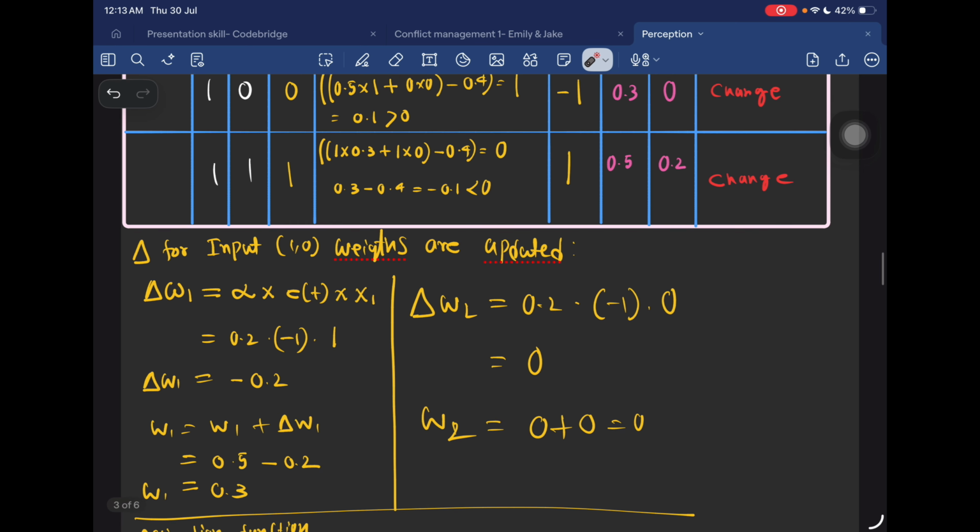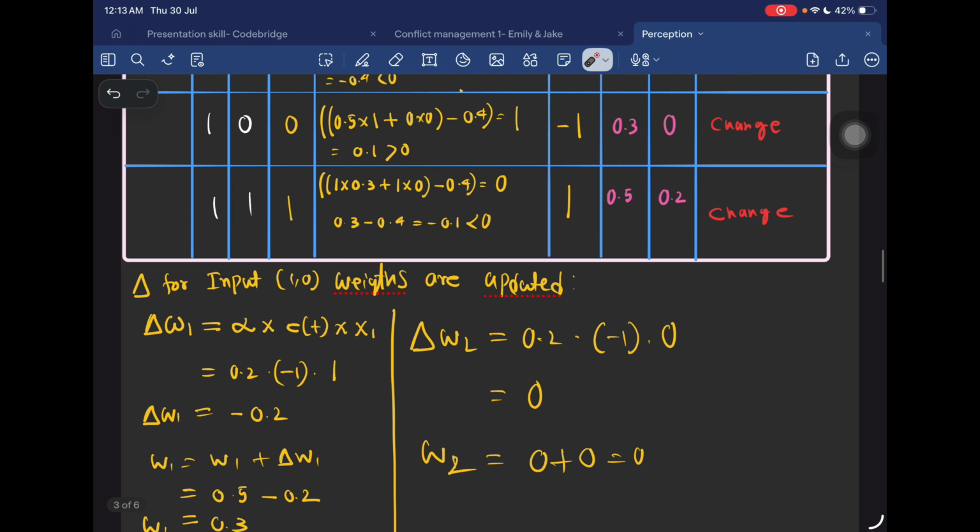We check it here: 1 times 0.5 plus 1 times 0.2, minus 0.4, which basically comes to 0.3, as already said. So our updated values are 0.5 and 0.2. Okay, these are the new updated values.